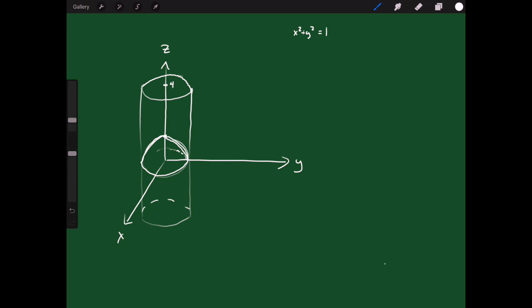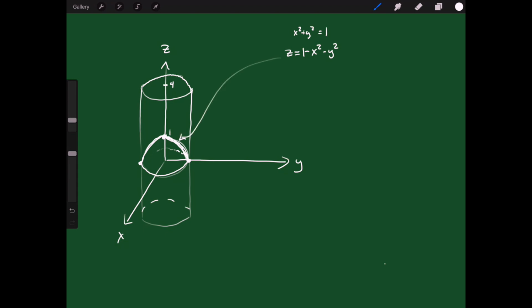It starts up at z equals 1, then curves down and intersects. Let me write this down. This is z equals 1 minus x squared minus y squared, and that's this paraboloid right here.